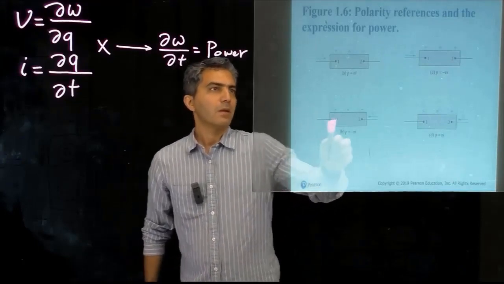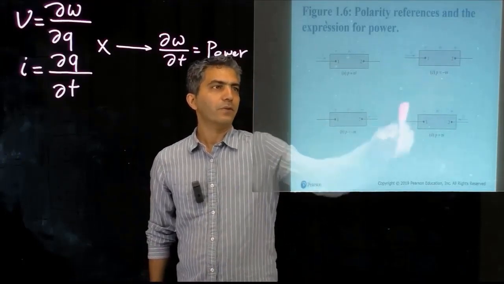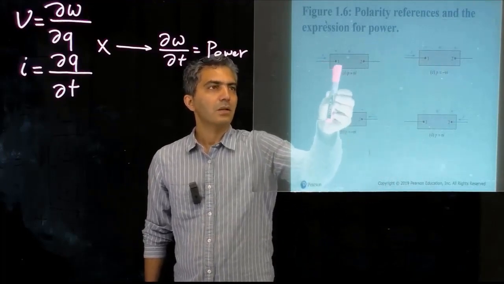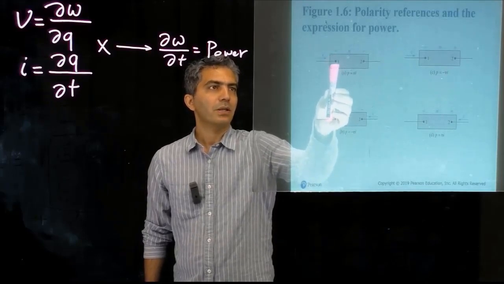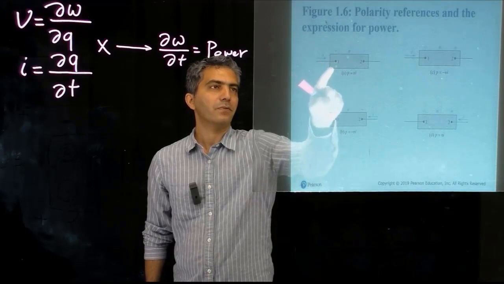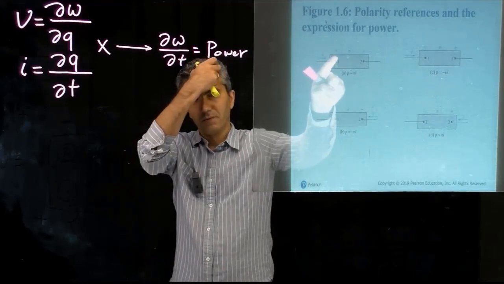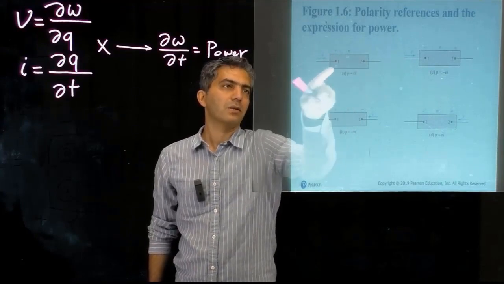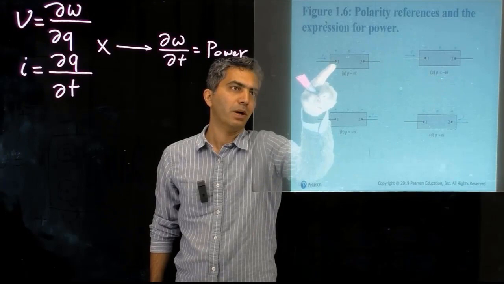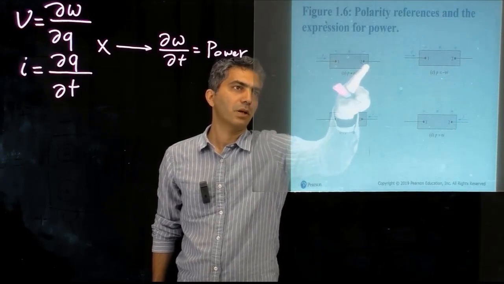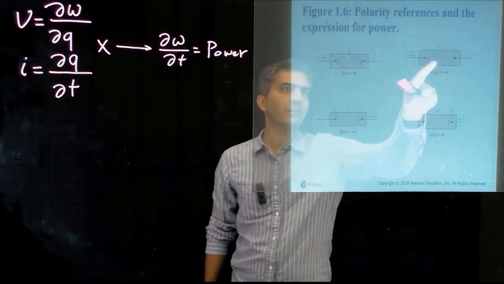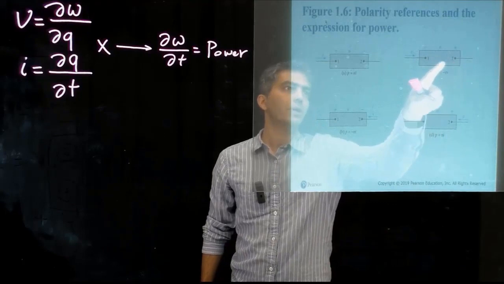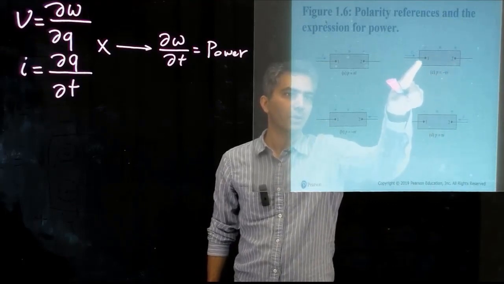As you can see, in these four different cases, you have these electrical components, and in each case you have defined a voltage that is the potential difference between where you put the positive subtracted from where you put the negative. So the voltage across this is the voltage or potential of terminal 1 minus the potential of the terminal 2. And that's different from this one in a sense that the voltage here is the potential of terminal 2 minus the potential of the terminal 1.